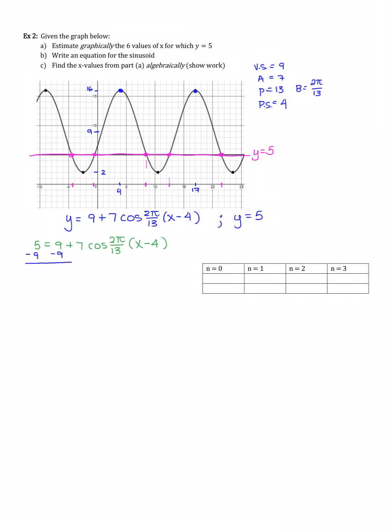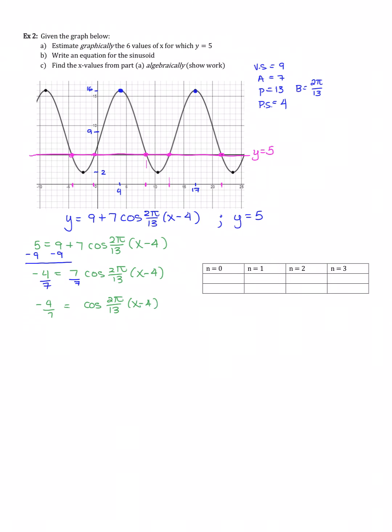That gives me -4 equals 7 cosine. When you do enough of these, there will be some shortcuts you can take, but to start off with, I'm going to take it really slow. Next, we divide by 7. So I've got -4/7 equals cosine of 2 pi over 13 times (x minus 4).